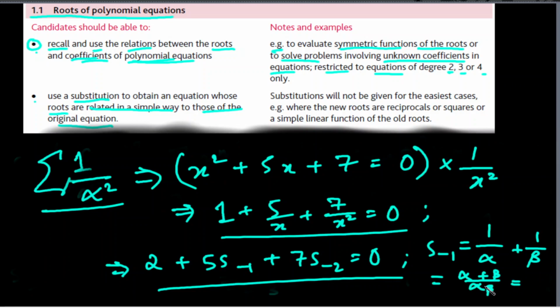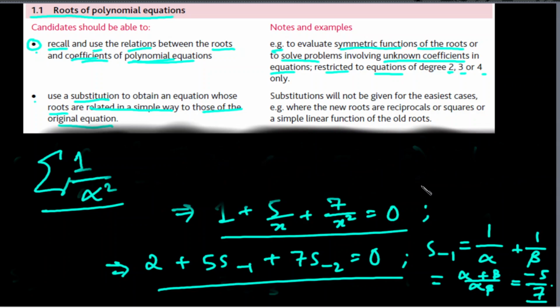And you can see that alpha beta is just equal to c by a, so that's 7. And alpha plus beta is -5, so -5 by 7 would be what we use for s of -1.